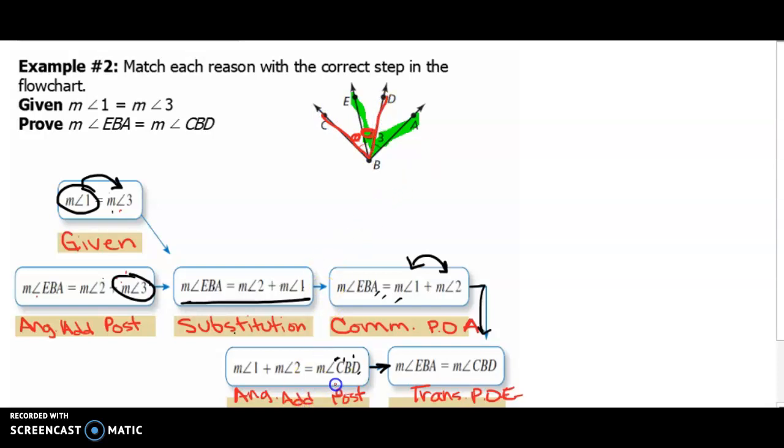That's the angle addition postulate. Okay, now notice angle EBA equals 1 plus 2 and angle CBD equals 1 plus 2, so they both are equal to the same thing. So if they're equal to the same thing, they have to be equal to each other by the transitive property of equality.